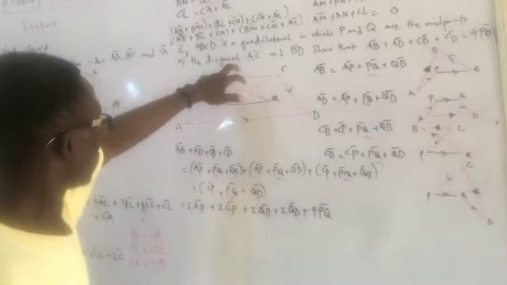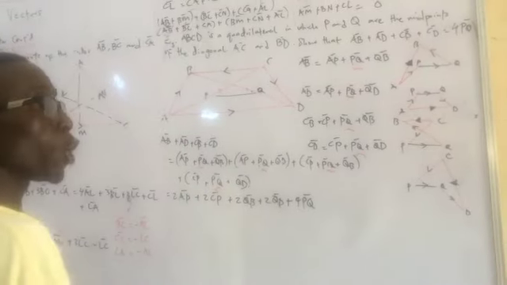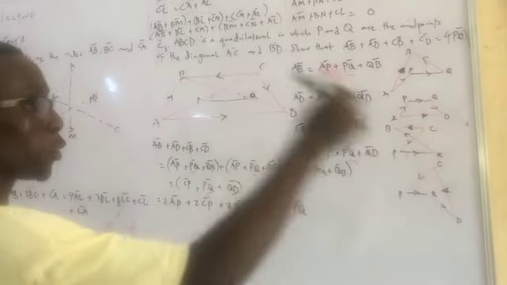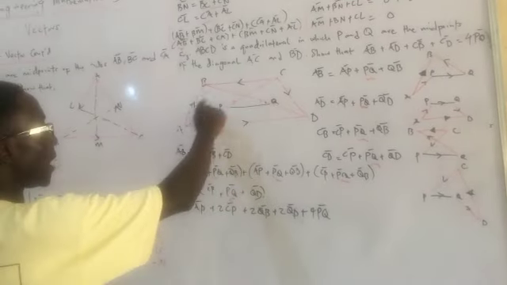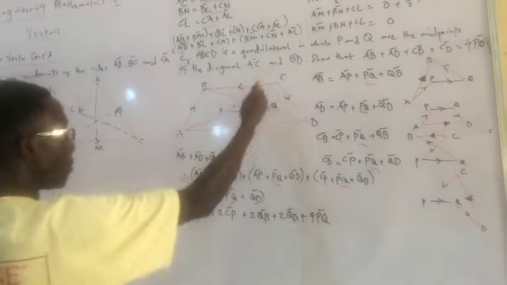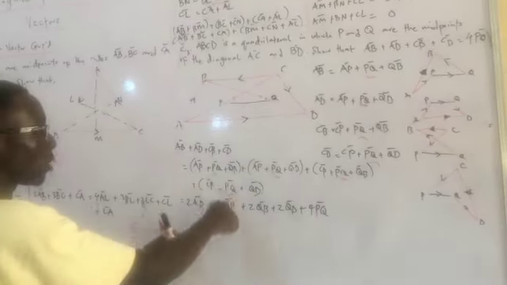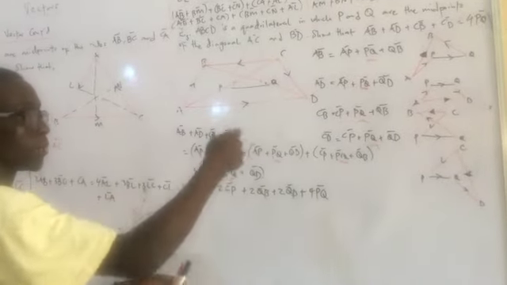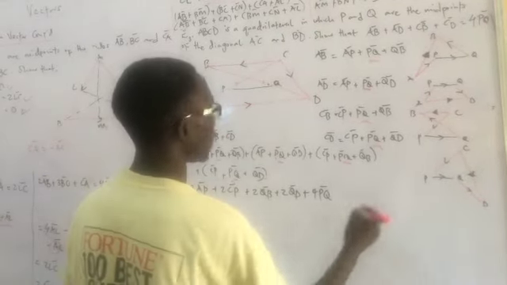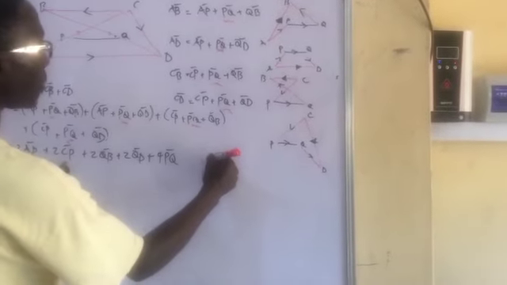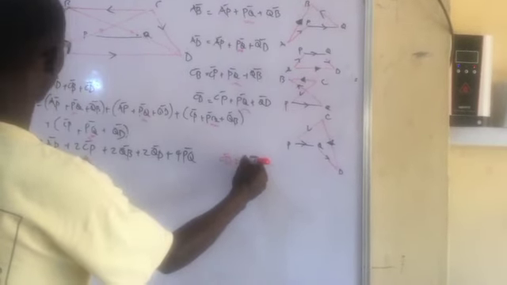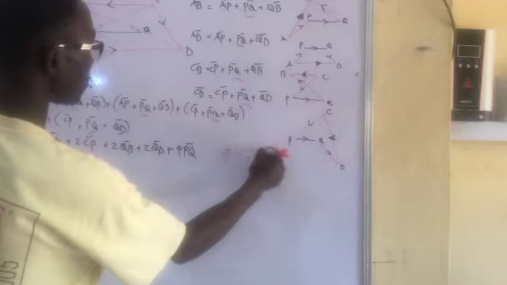We said when we have a vector going in a direction, turning that vector back will make it minus. So now you can see AP is opposing CP according to what is here. So if you turn this CP back, it's going to be minus AP. Note that CP is equal to minus AP.